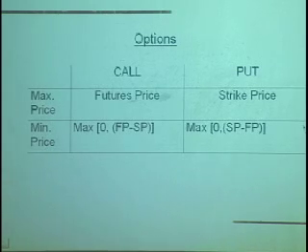With a put option, the maximum price is the strike price, because we're going south with puts. The minimum price with a call is either 0 or futures minus the strike, and with a put option, it's either 0 or the strike minus the futures.